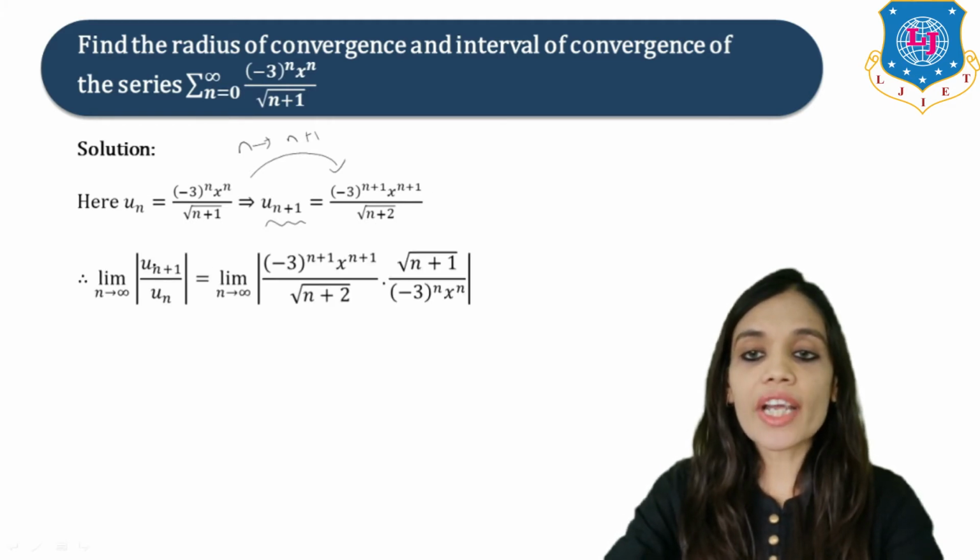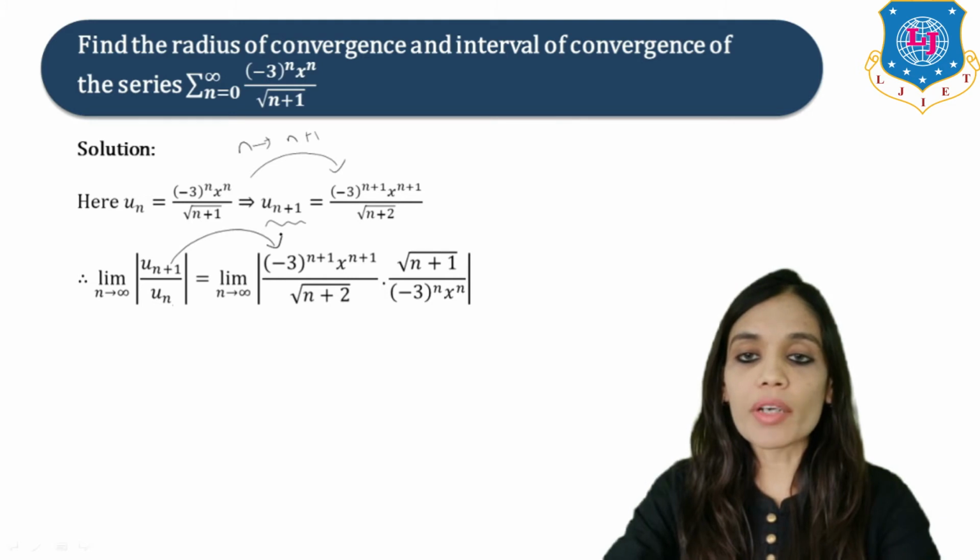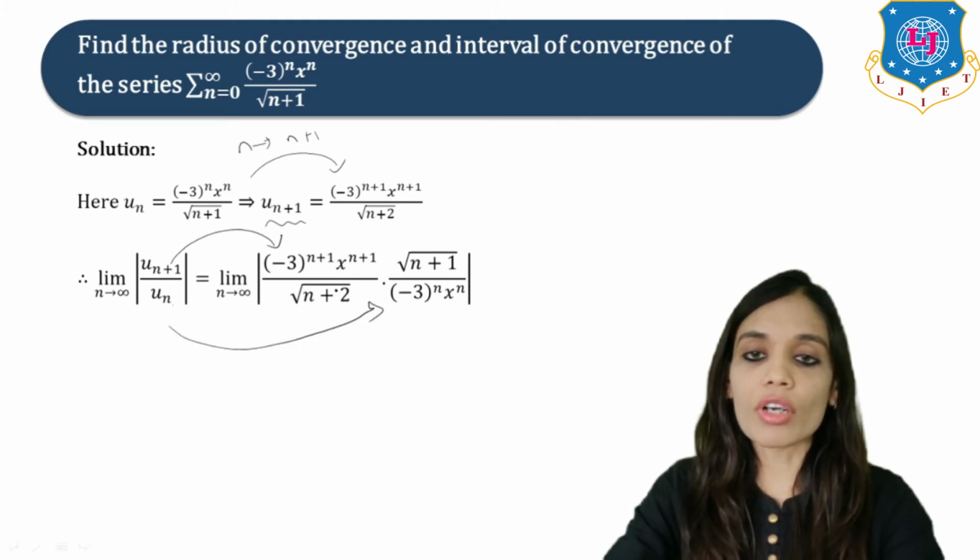Now let us find limit n tends to infinity mod u_(n+1) upon u_n. Because this is an alternating series, we are taking mod. Put the value of u_(n+1), and put the value of u_n by taking its reciprocal.